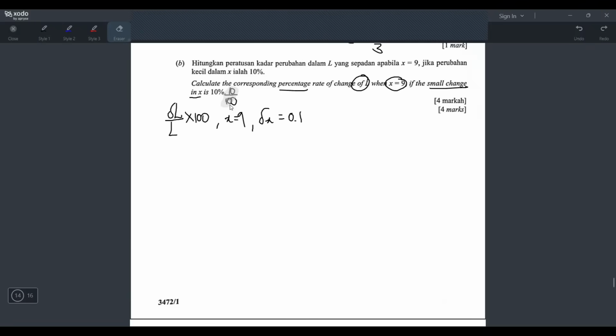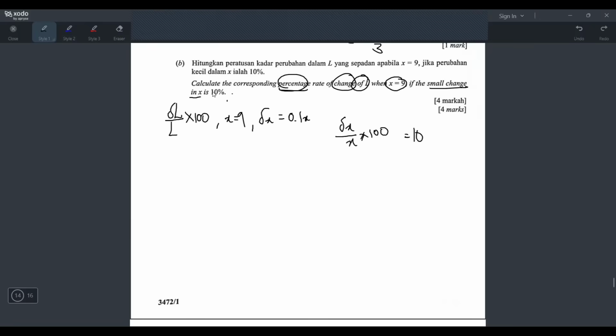Let me tell you what it means by small change 10%. It means the delta x is 0.1x. Okay, let me explain why it is like that. If I say small change in x is 10%, it means the 10% comes from delta x divided by x times 100. Because I told you already, if you want to find percentage change of L, the formula is take the small change in L, divide with L times 100.